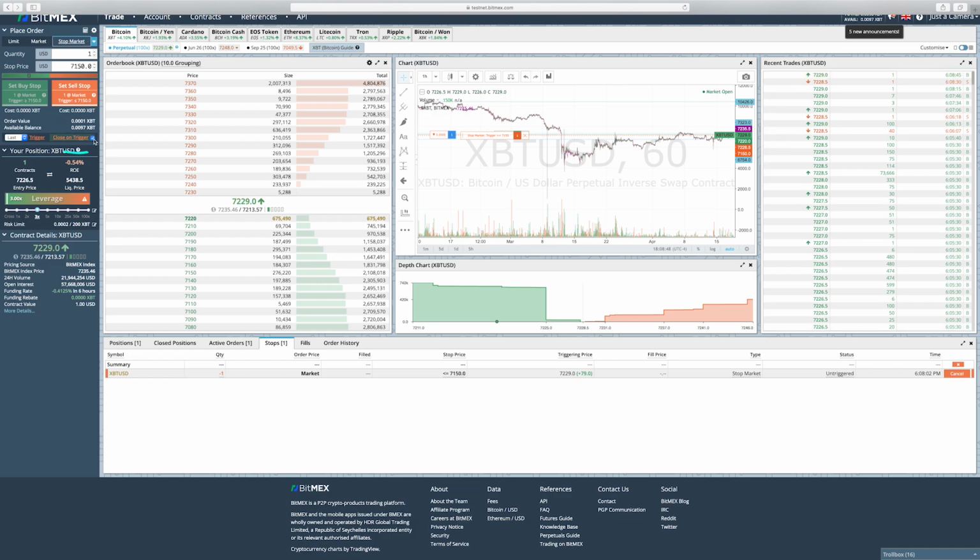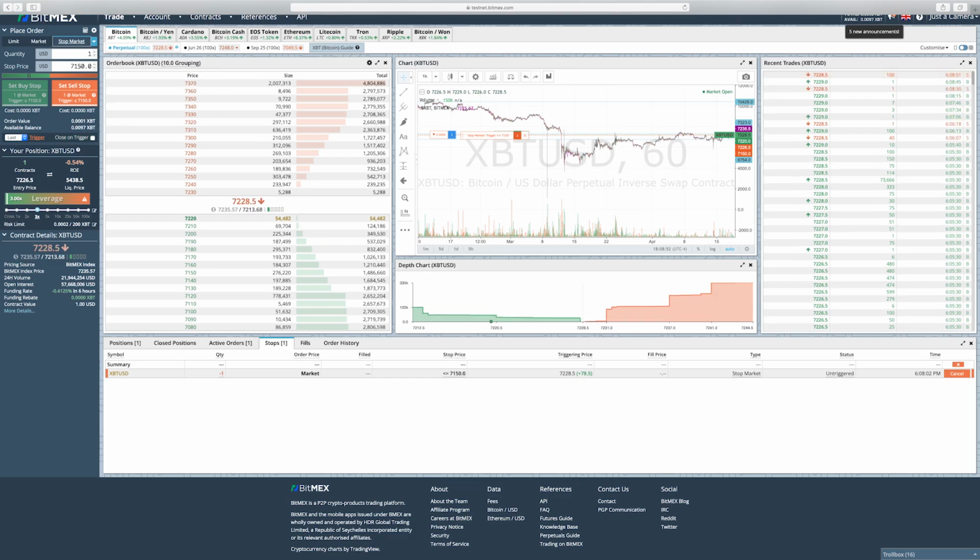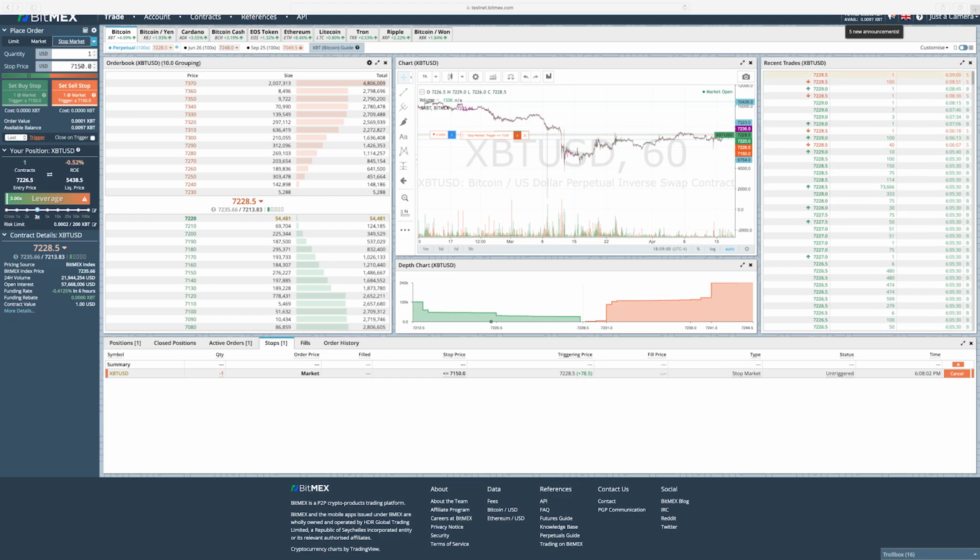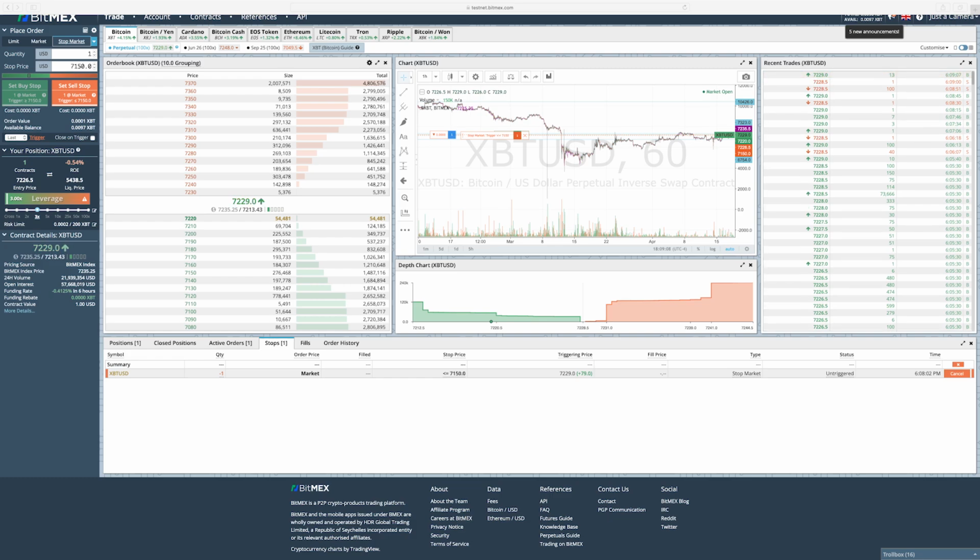In this case, we would not have this close on trigger. And that's because we sometimes encounter a situation where there could be more slippage than anticipated, or price could come back against us. So these are all things to consider when looking at the different types of stop orders.